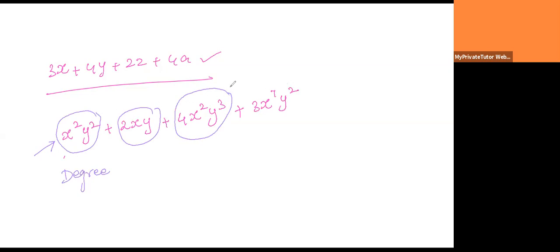You are going to add the exponents of each term. This whole thing is one term. In this term, 7 plus 2 is 9, so that's the degree of the polynomial. What is the leading coefficient? Which is 3. Hope you guys understand.